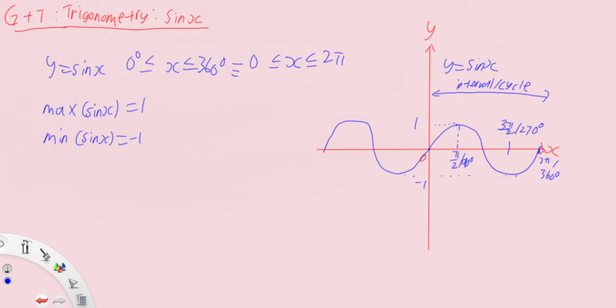Another thing is, you'll notice there's also another x-intercept here in the middle. This occurs at pi, or 180 degrees, and then of course the next intercept will be at 2 pi, or 360 degrees, which marks the end of one sinusoidal interval or sine curve.